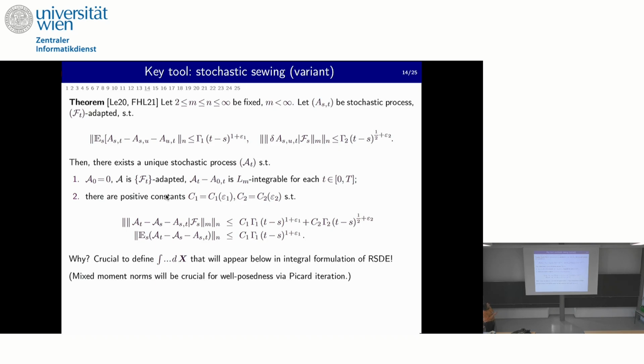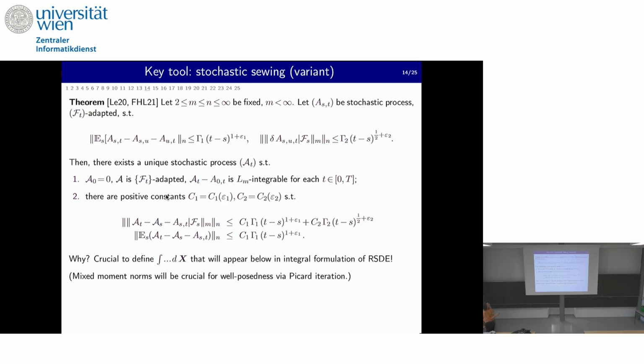On the other hand, you have this 1 plus epsilon here only, or you need it only up in a conditional expectation. And this, of course, will kill all martingale increments that are around. So this will add a great deal of cancellation to the problem. And so these are the two assumptions. And now it's a lemma that there exists a unique stochastic process, where there are some adaptedness conditions around. So this is a 2-parameter stochastic process.